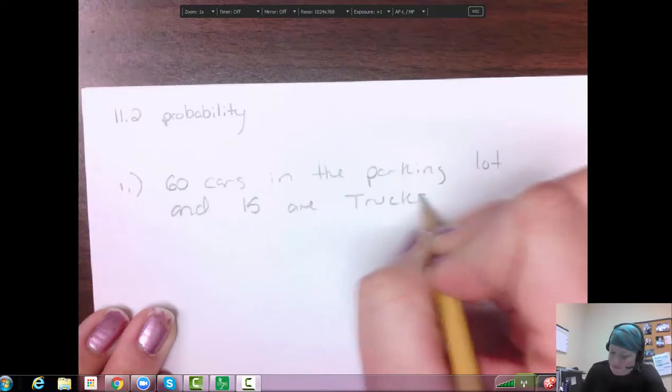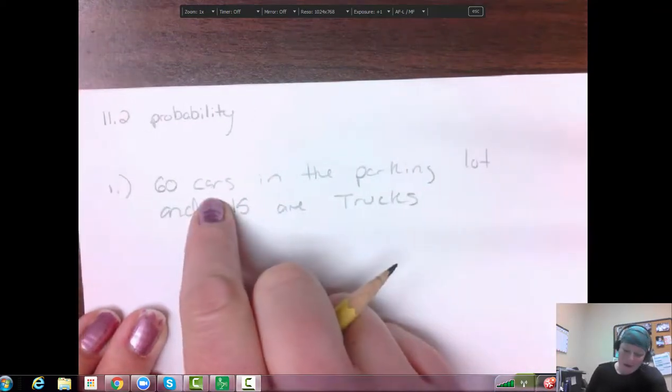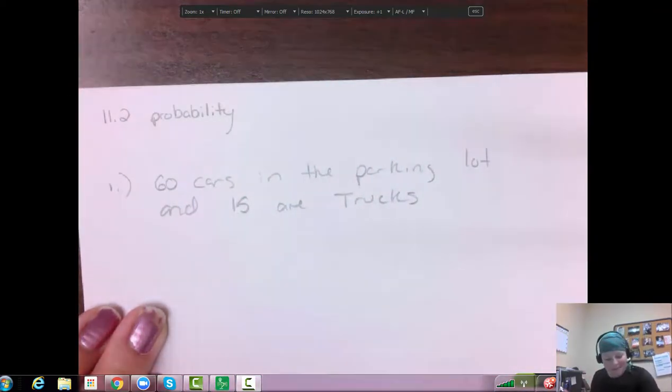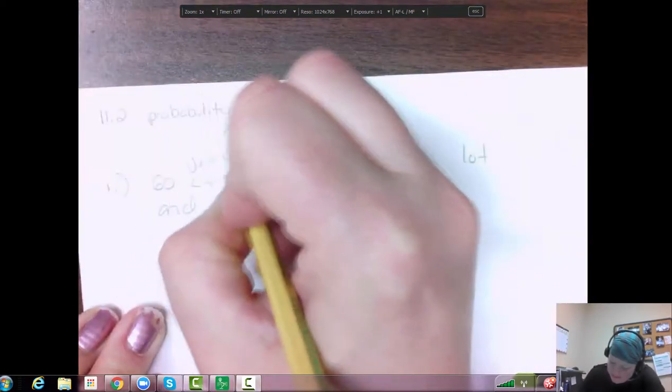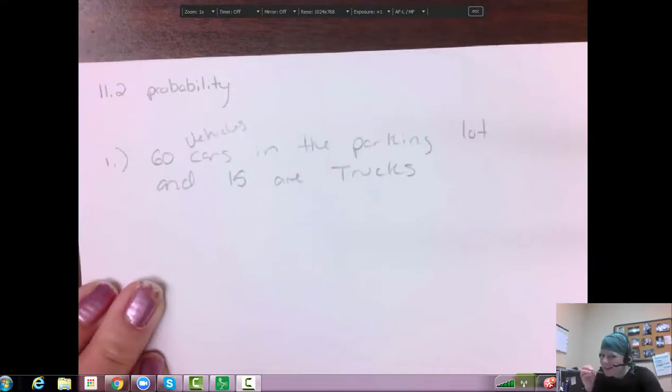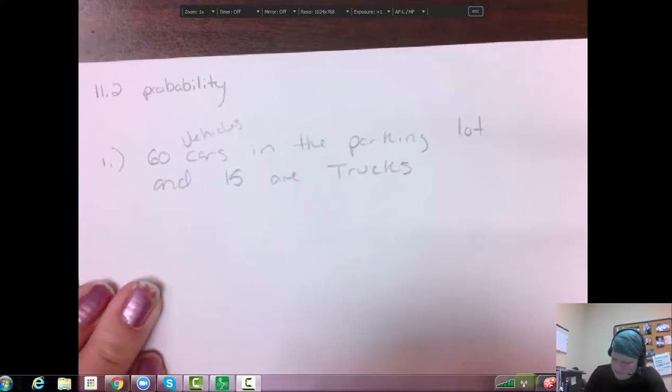I should have said vehicles rather than cars, because cars kind of implies a little car, right? So there are 60 total vehicles and there are 15 trucks.